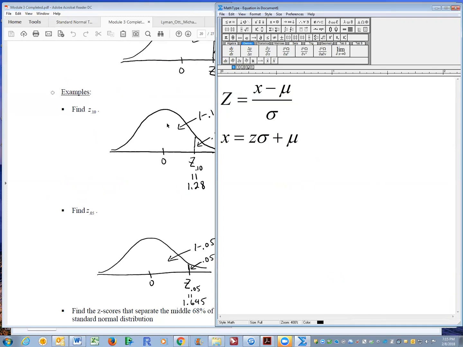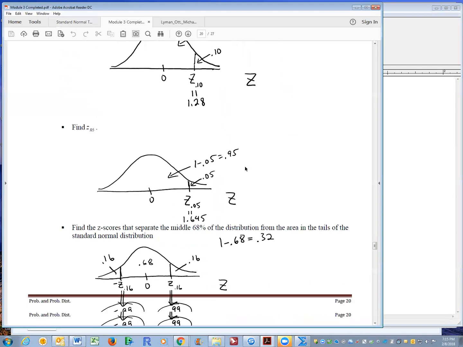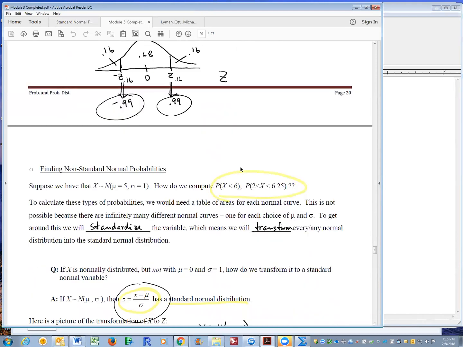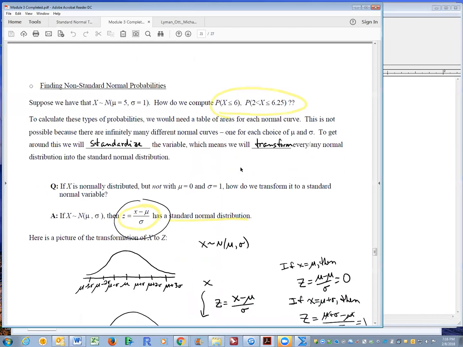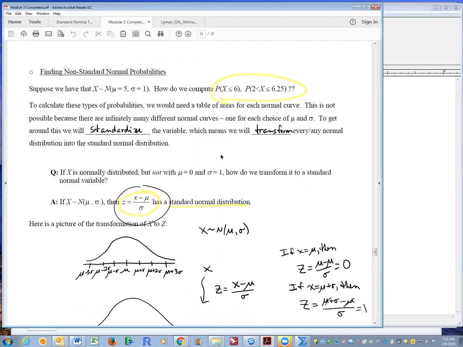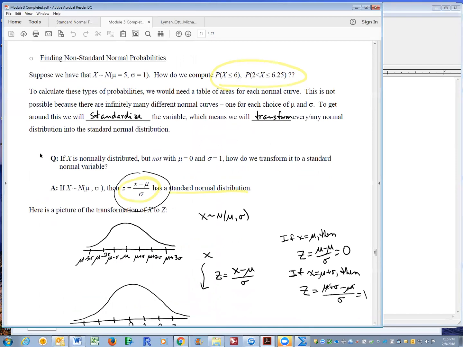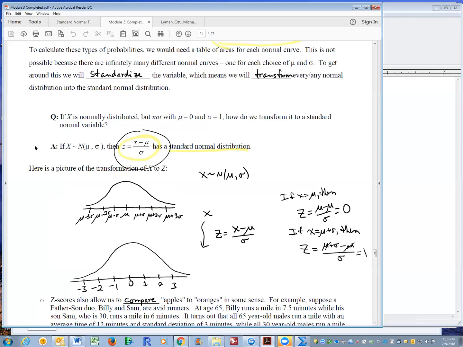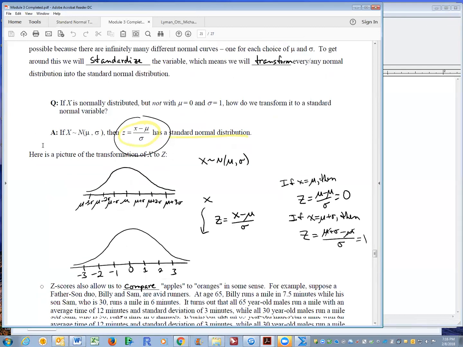Okay. Other questions with page 20? Questions with page 21. Here we kind of move from the standard normal to any normal distribution. So this page shows us the relationship between any normal and the standard normal.